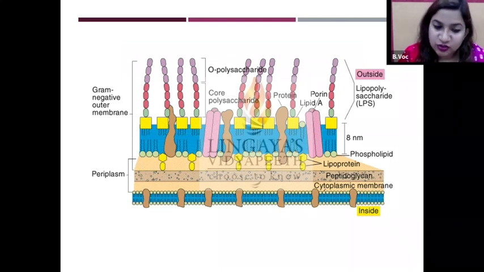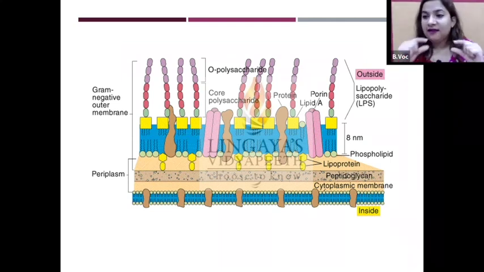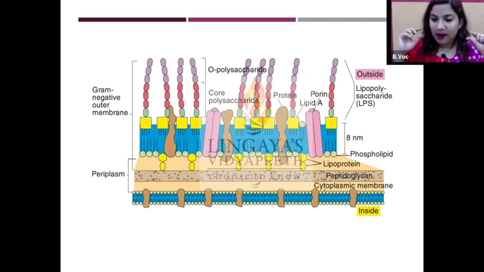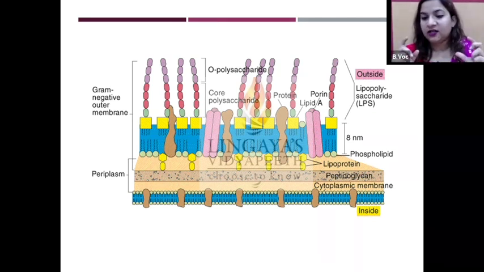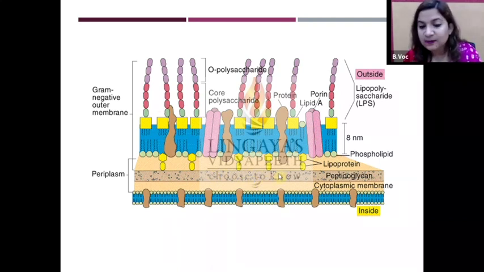In the gram-positive bacteria, the cell wall has a thick peptidoglycan layer, which is closely packed. But as you will see in the gram-negative membrane, it has a peptidoglycan layer, but it is thin. And the cells in the peptidoglycan layer, you can see here, are loosely packed. These are not closely packed. You can see these smaller structures. These are cells which are loosely packed.